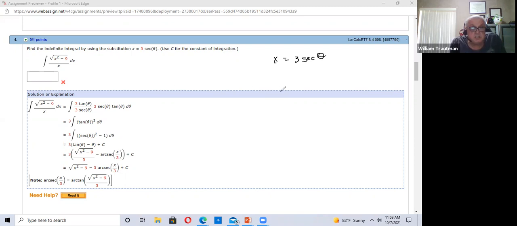It says the square root of x squared minus 9 changes to 3 tangent theta.